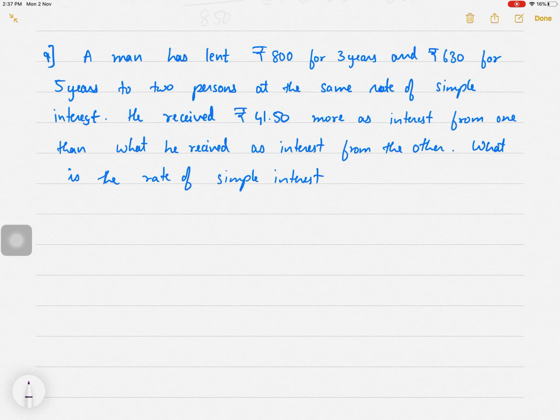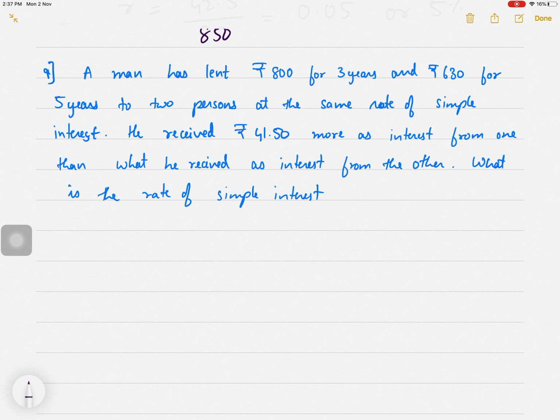So for the first person, he gave 800 rupees. That means P is given, and 3 years. Now this is a simple interest question, right? For the first person, rate of interest is not given, but principal amount and period are given, correct?